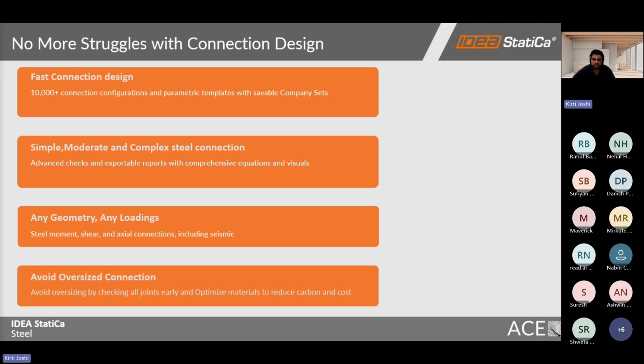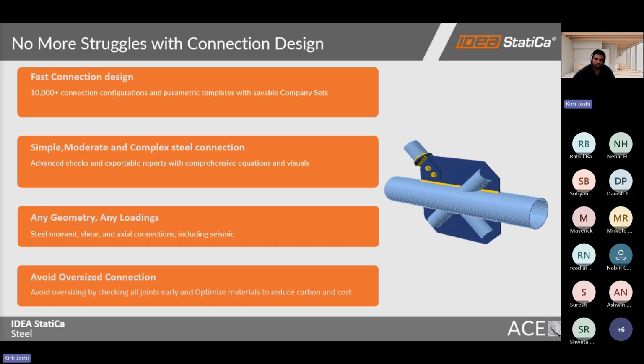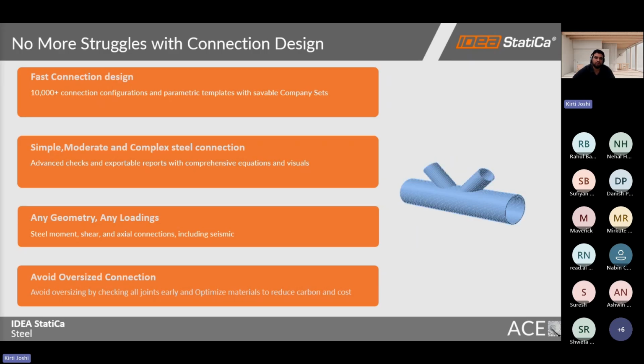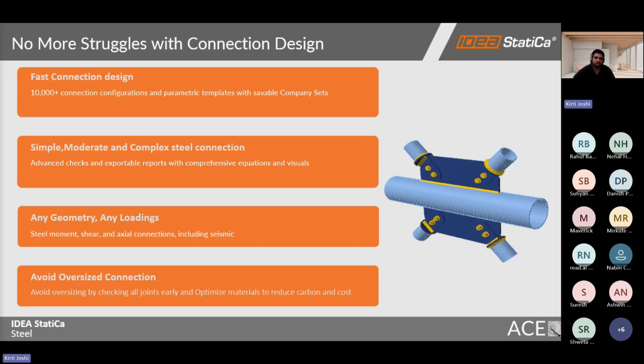And the important thing is the software makes connection design fast by providing more than 10,000 predefined configurations along with the parametric templates that we can save and reuse as our company standards.